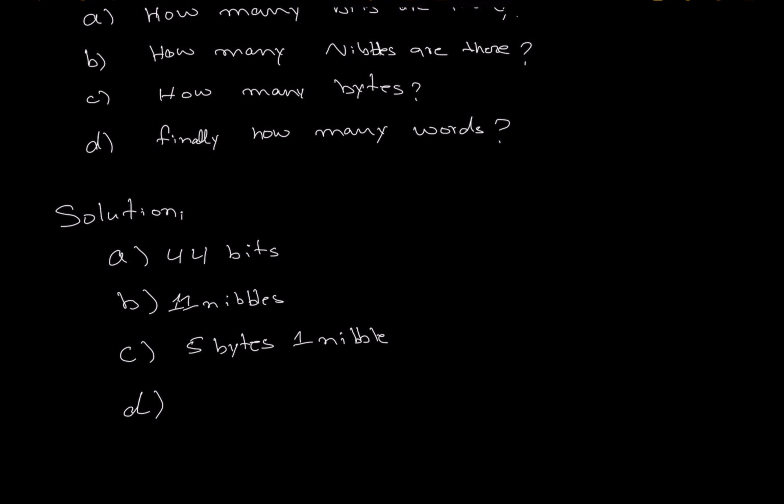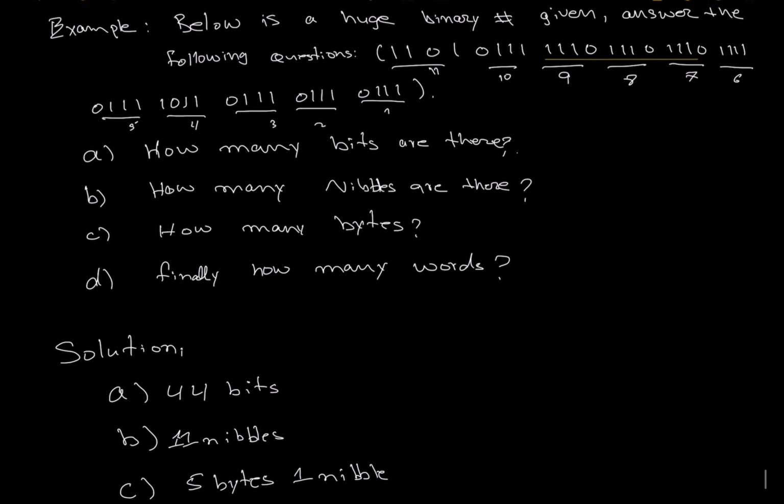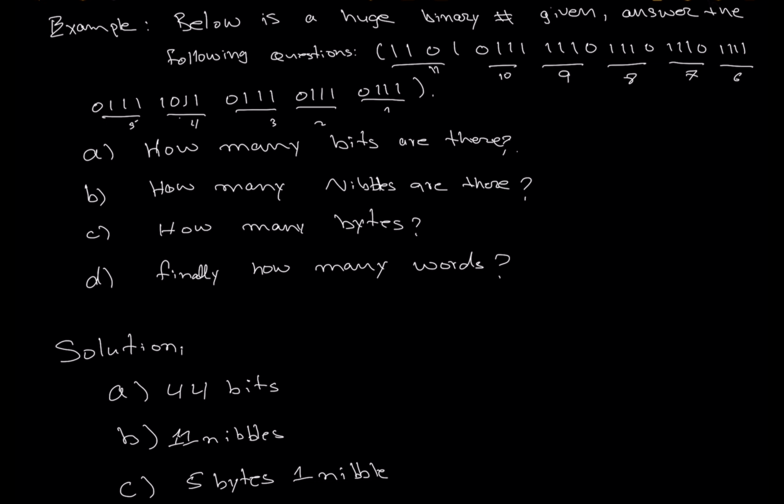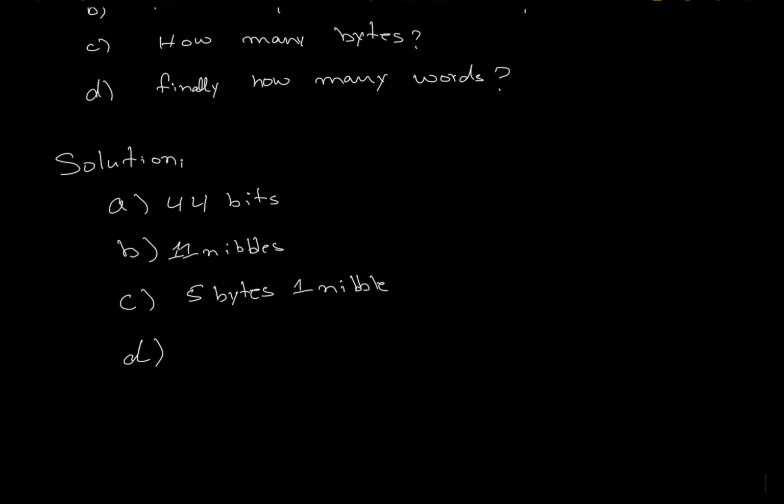Now D, how many words are there? A word is 16, 32, or 64 bits. It depends what you want. So that will be 1 word here, and a second word here, so more than 2 words.